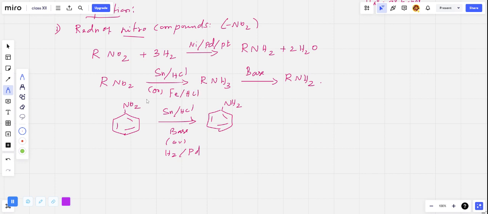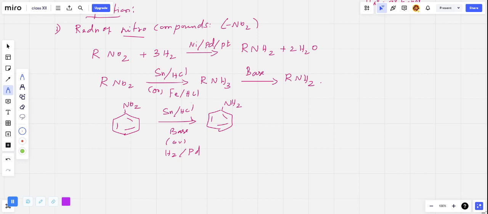Here Fe/HCl is the preferable method, because the byproduct obtained is FeCl2, which on hydrolysis releases hydrochloric acid.